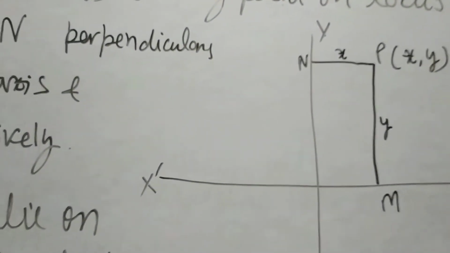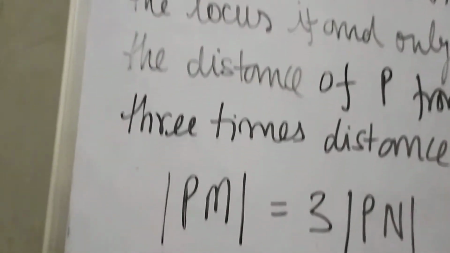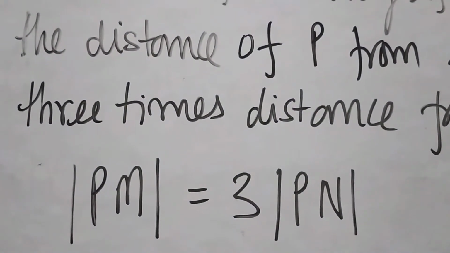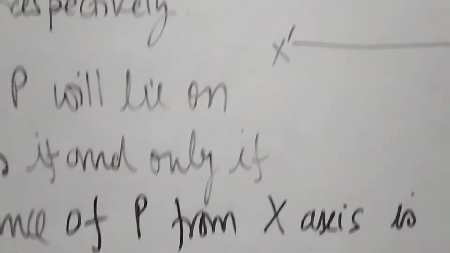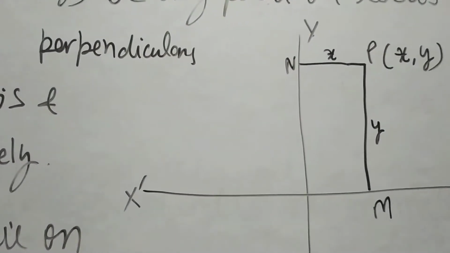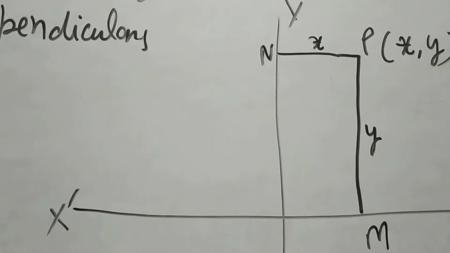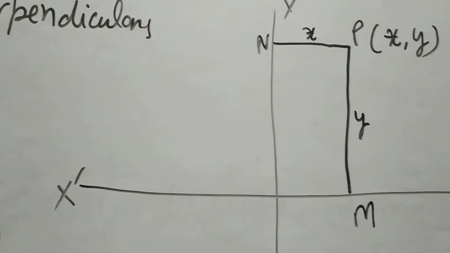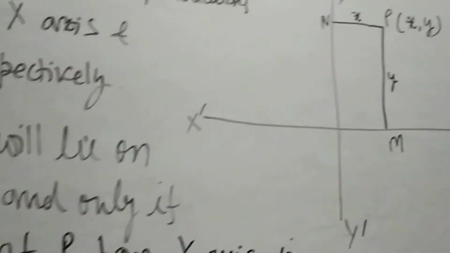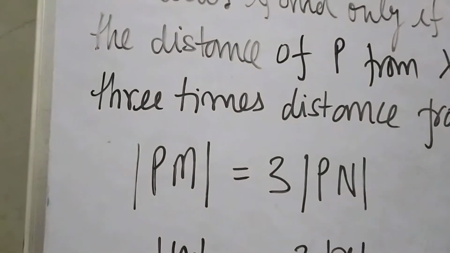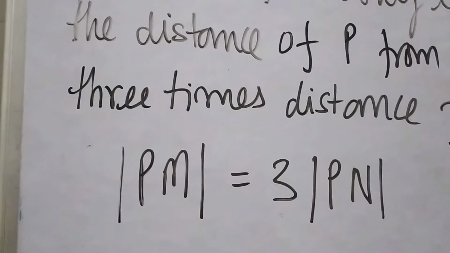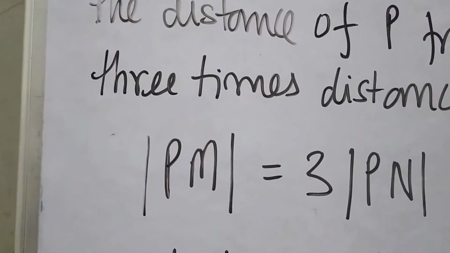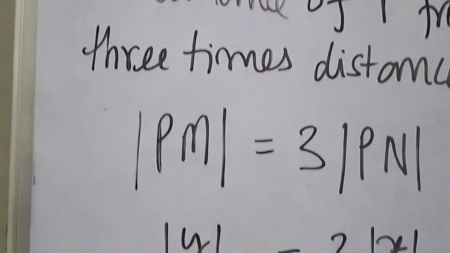The value of PM is equal to 3 times the value of PN. The same condition is given in the question. We have to just write the same condition in mathematical form. This is a very preliminary step to solve such types of problems.